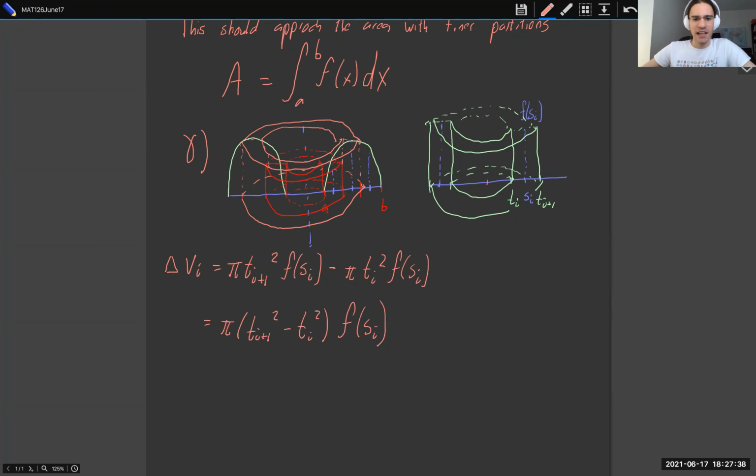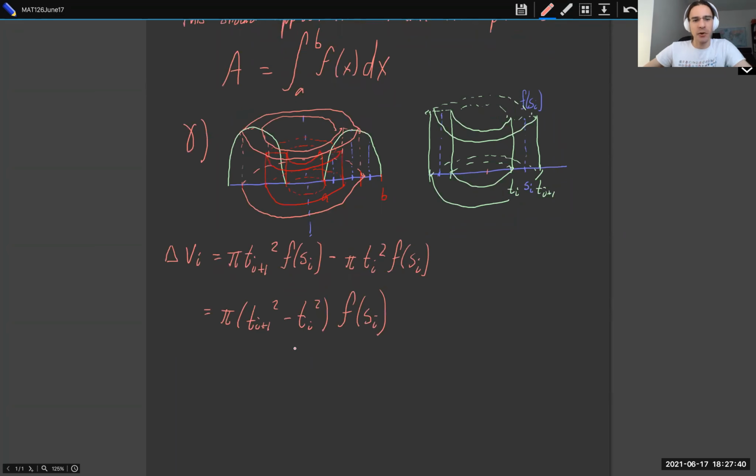Okay. Now I'm going to take this expression and I'm going to manipulate it. So what obvious factorization can I do here? Look at this term.